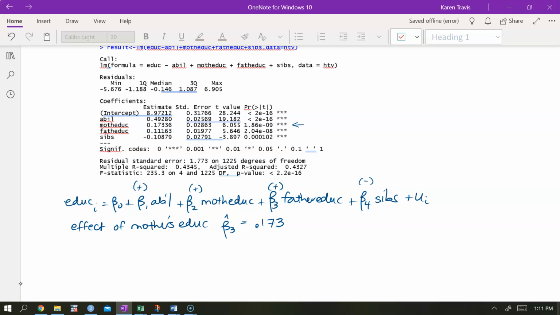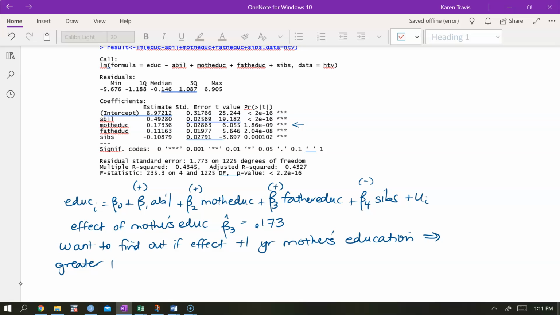Let's suppose we want to find out if the effect of plus 1 year of mother's education is associated with greater than 0.10 in the individual's education.